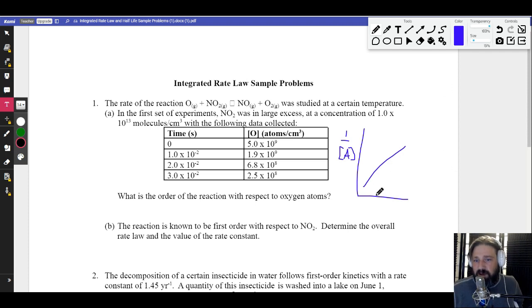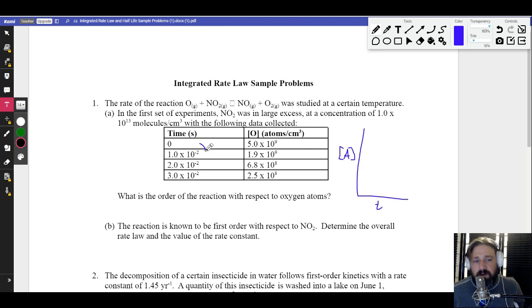Well, remember what this table is. You can actually plot out this table. Here's time, here's the concentration. You can plot this out to see, does this look the same?